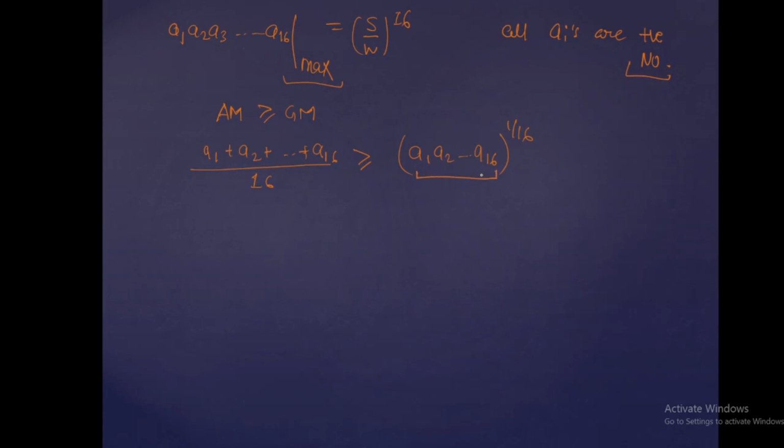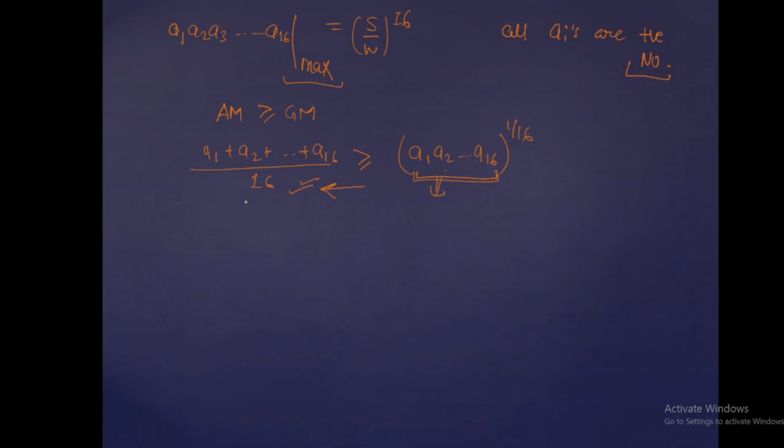We need to find its maximum value. The term that is given is always less than or equal to this, so its maximum value will be this only, right? The maximum value will hold when the equality holds.